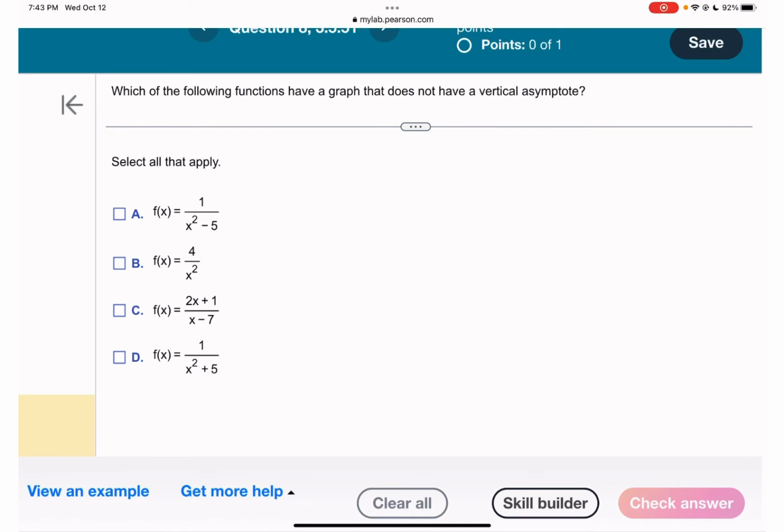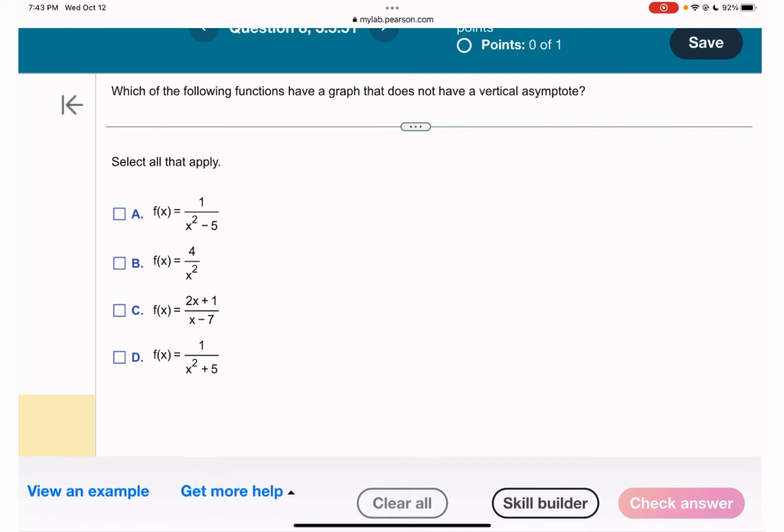So, which graph doesn't have a vertical asymptote? To not have a vertical asymptote, first of all, you have to have x squared, because then the denominator can't be 0. Let's see. If I take x squared minus 5, the denominator can be 0 when x is equal to what?